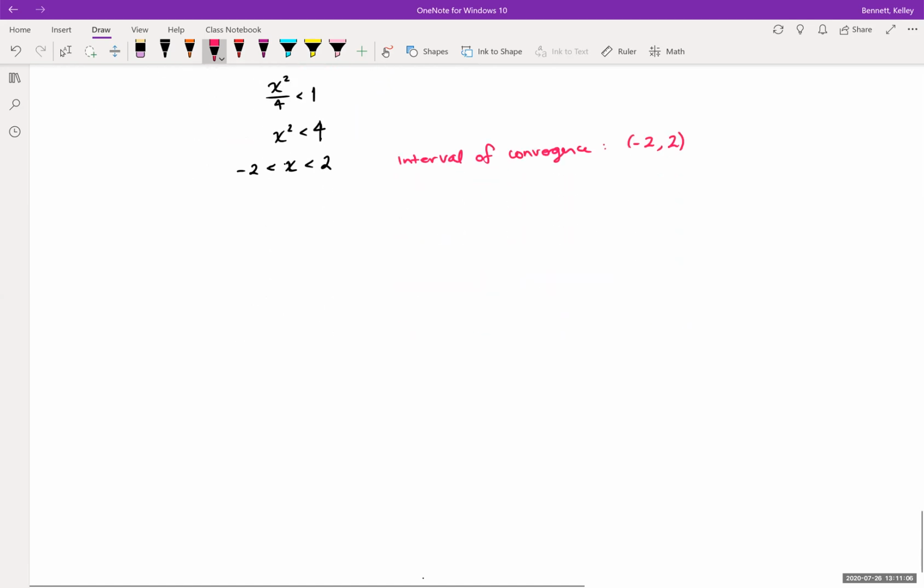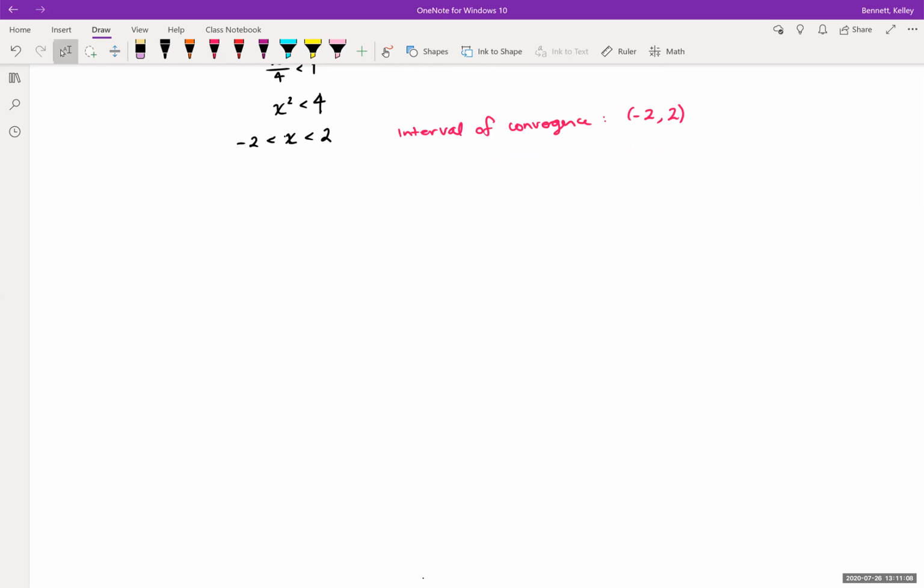All right, so let's try one more example where we're not centered at 0, but I still want it to be a geometric series. So this is not in the book. So let's say I have 1 over, this one's pretty straightforward, 1 over 2 minus x. And I want to write this as a power series.